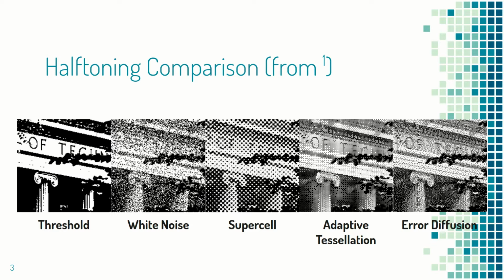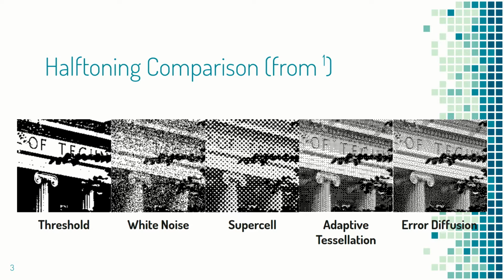Here's an example of various methods for half-toning. Error diffusion tries to position the dots with a density function such that they're equally probable to be equidistant from each other, subject to the probability density function.